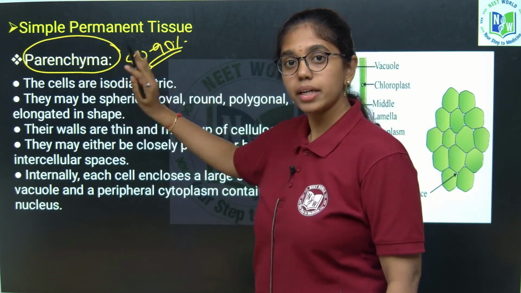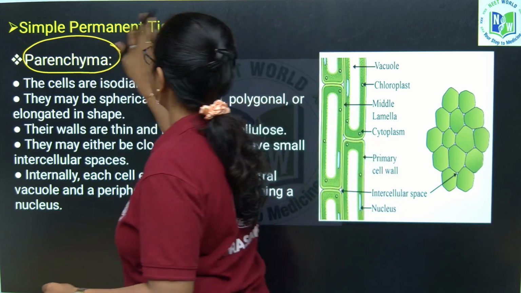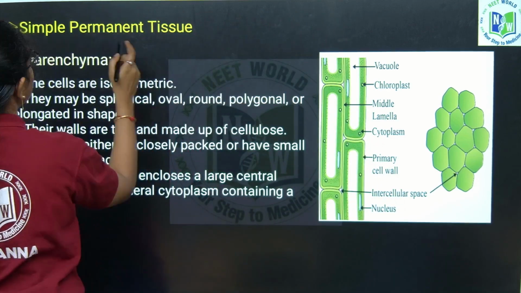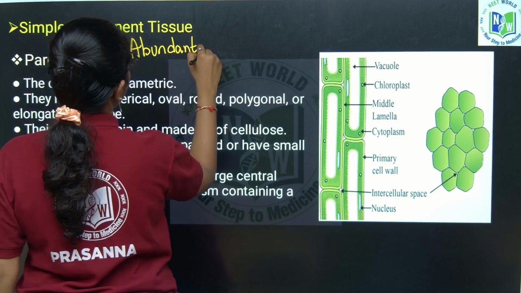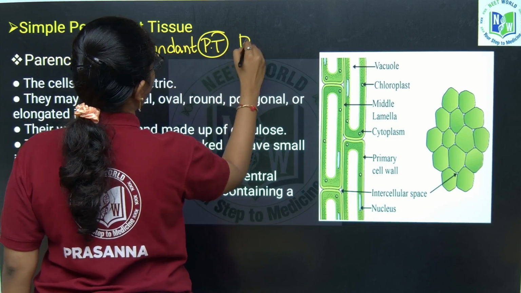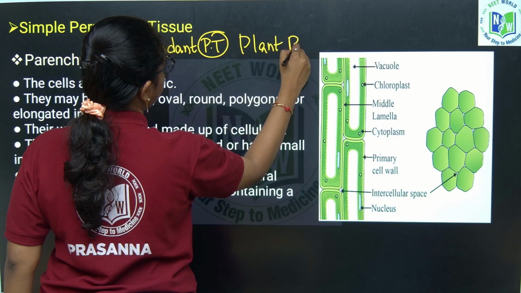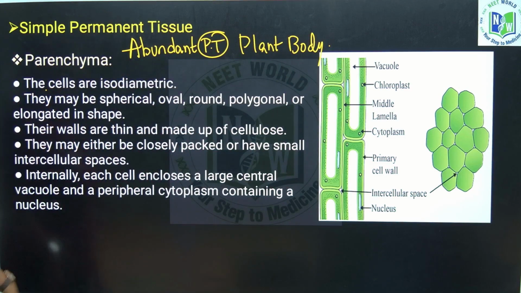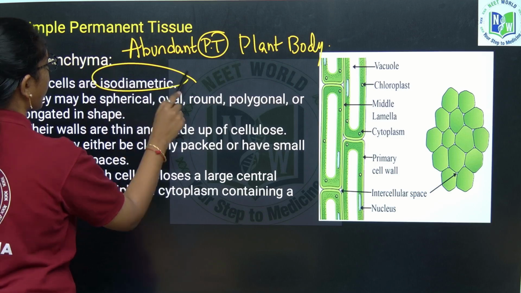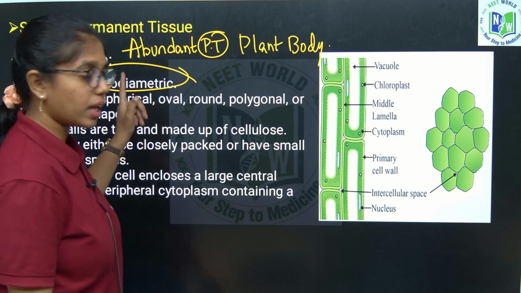It is the abundant permanent tissue. If there is a question in your exam, what is the abundant permanent tissue in the plant body, then your answer should be parenchyma. Clear?